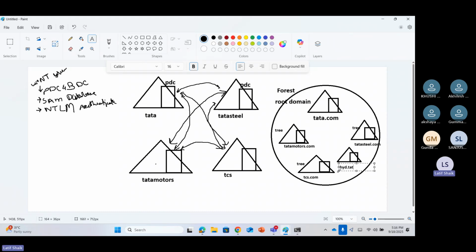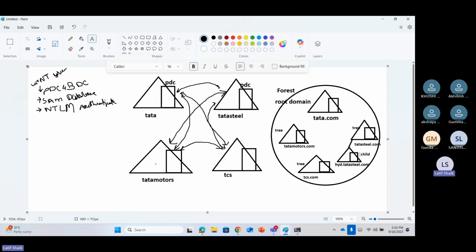HYD.Tata, another domain, is a subdomain of some domain. This child domain has the parent name. Just for understanding, I created the child domain concept. This is a child domain.